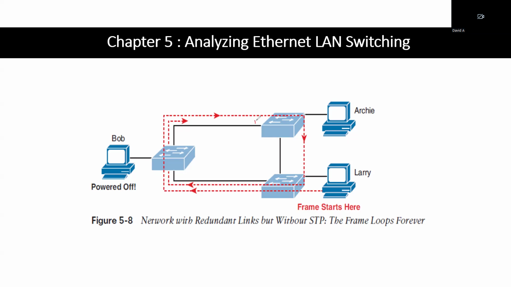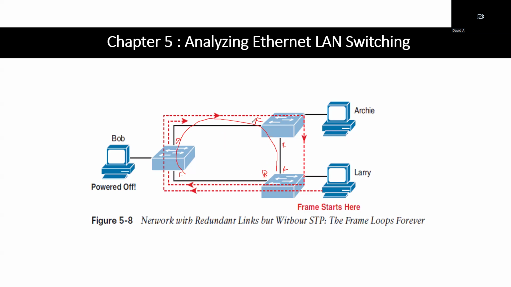This port is forwarding, this port is forwarding, this port is forwarding, this port is blocking, this port is forwarding, this port is forwarding. What we can see is anything is going to go one way.